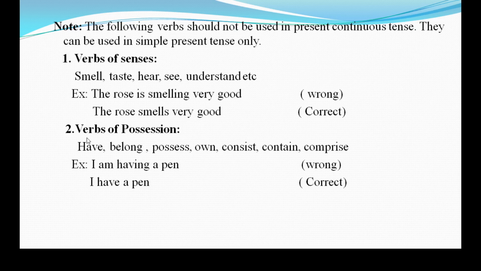In a similar way, verbs of possession: have, belong, possess, own, consist, contain, comprise. For such possession verbs also, we shouldn't use continuous or progressive tense. I am having a pen is a wrong sentence. Instead of that, I have a pen or I have a car. You can mention them like this.